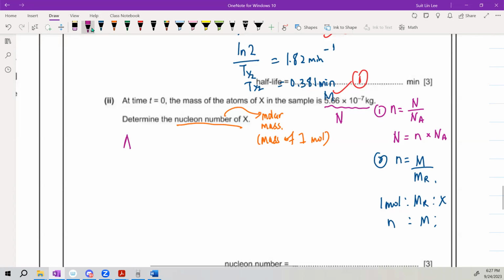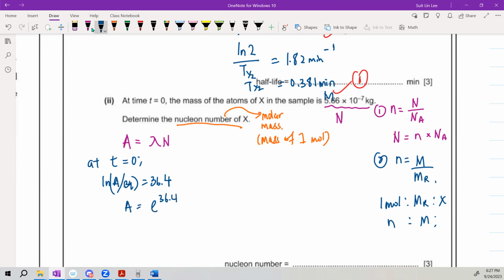So I'm going to use the handy dandy equation: A is equal to lambda N, right? I know A because I read the activity. At t equal to 0, ln A, with A in Becquerel, you can write the whole thing inside, is 36.4. So you can find A, e to the power of 36.4. Becquerel is also second^-1, but it doesn't matter.